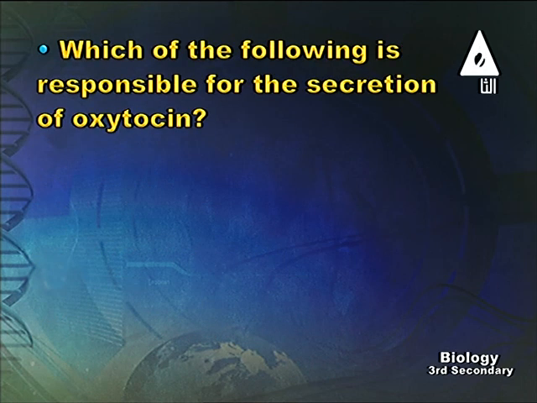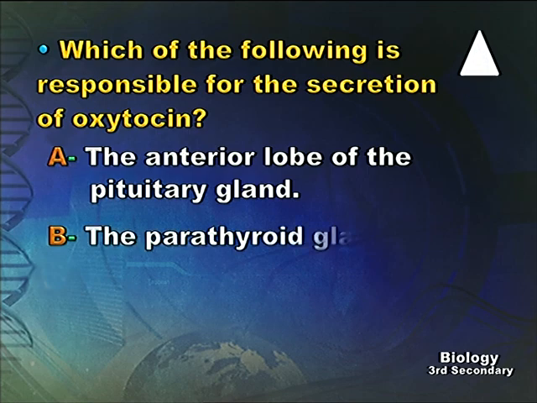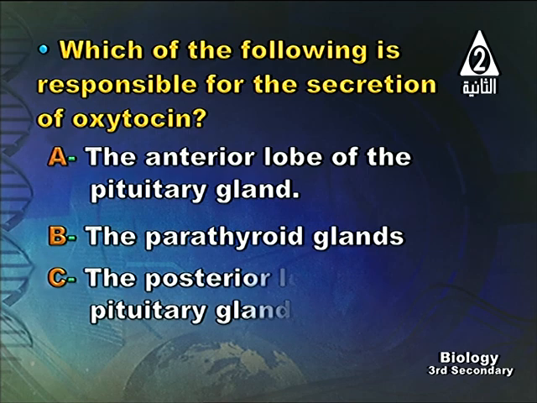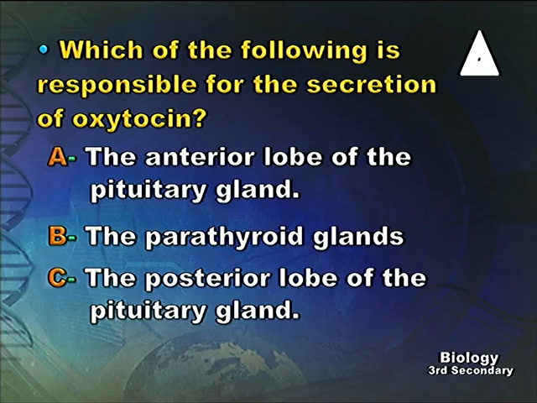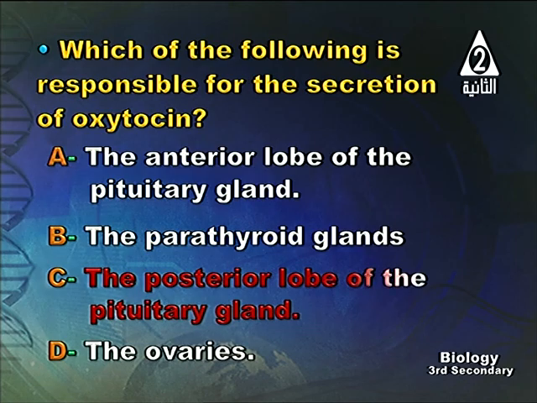Which of the following is responsible for secretion of oxytocin? The anterior lobe of the pituitary gland, the parathyroid gland, the posterior lobe of the pituitary gland, or the ovaries. Of course, oxytocin is secreted from neurosecretory cells in the hypothalamus in the brain, and it's received by the posterior lobe of the pituitary gland to secrete it.